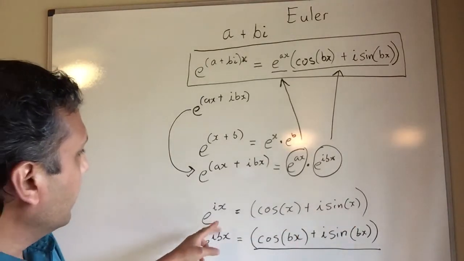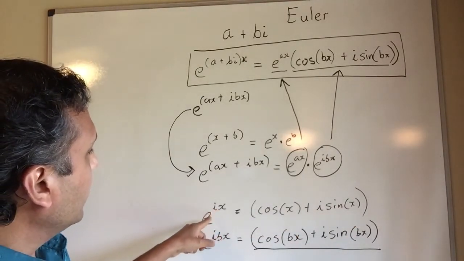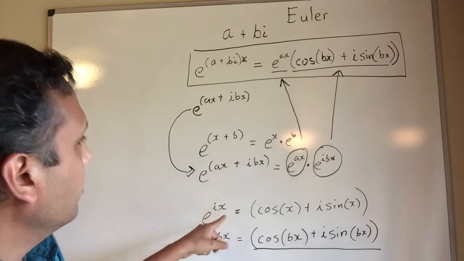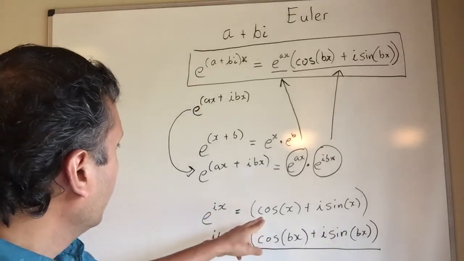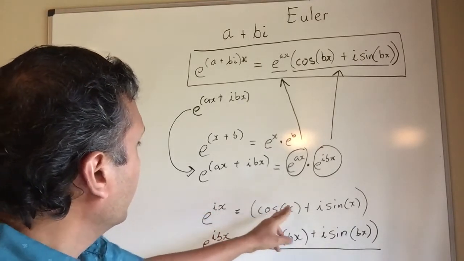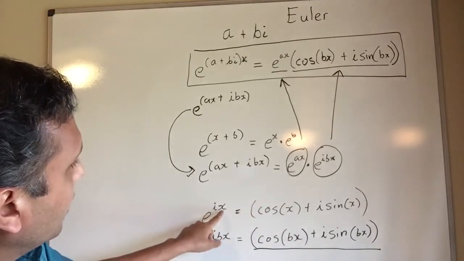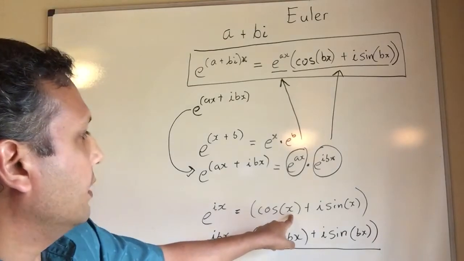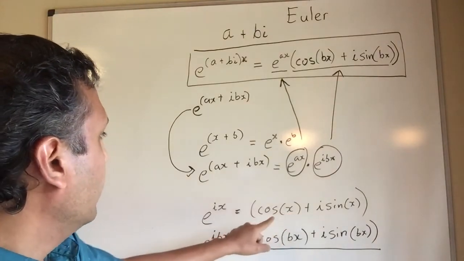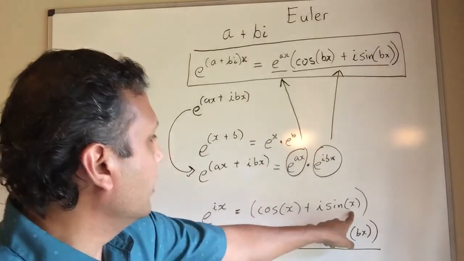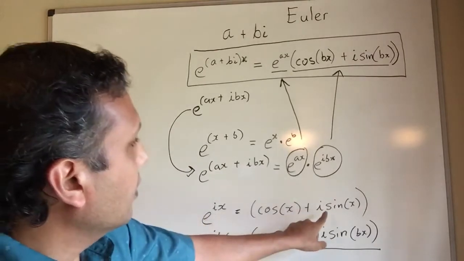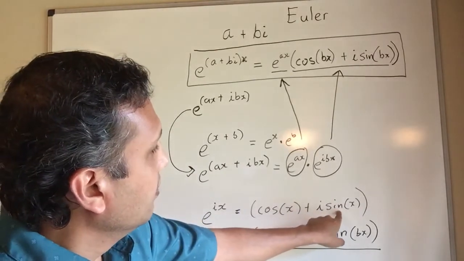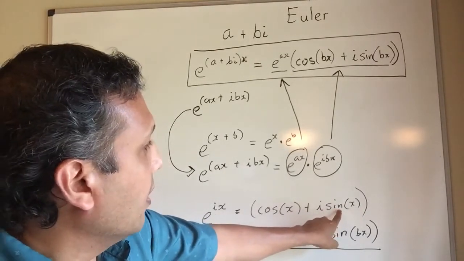So this means that e to ix gives me cos, and the value that is being multiplied by i goes inside the cos parentheses and also the sine parentheses, and the i stays on the outside of the sine value.